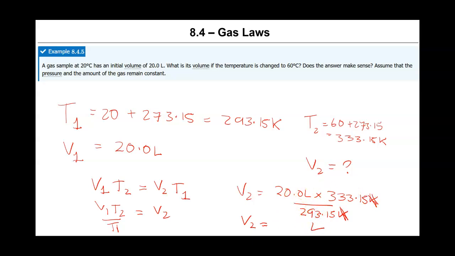So 20 times 333.15 divided by 293.15, and to three significant figures, I end up with 22.7 litres. What did that mean? It meant that as the temperature went up, the volume also went up, which is consistent with Charles's law.